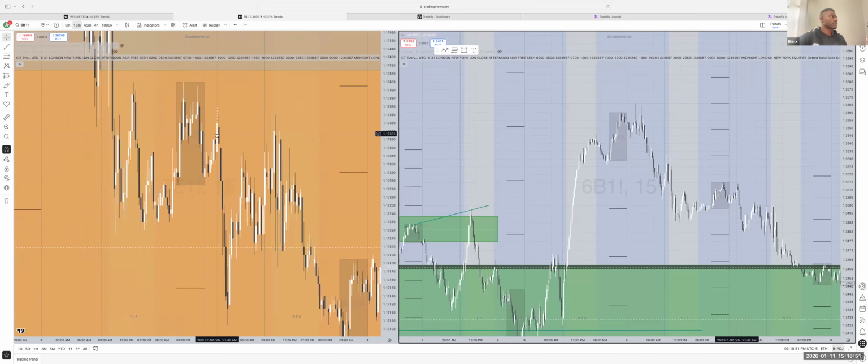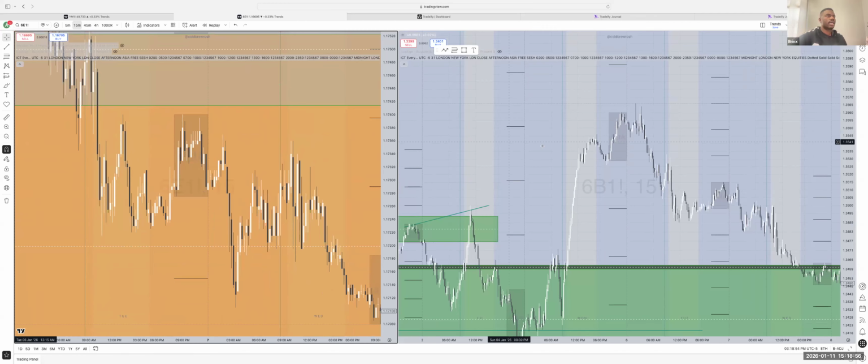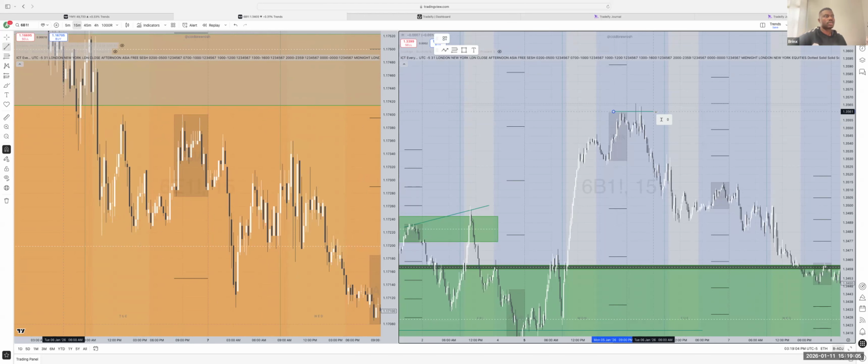And I ended up taking this based off of our New York session continuation. I saw that 6B ran. And honestly, 6B was probably the better trade. You came here to Asia, and I saw this Asian range being very elongated and trending.